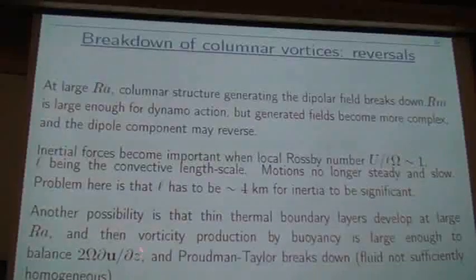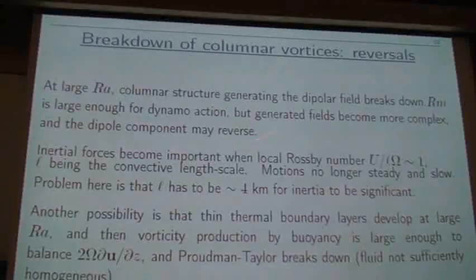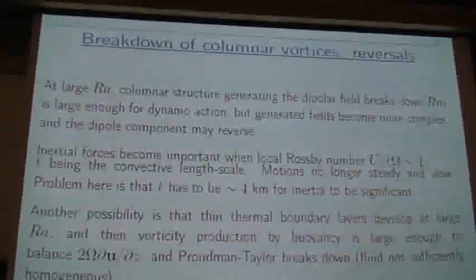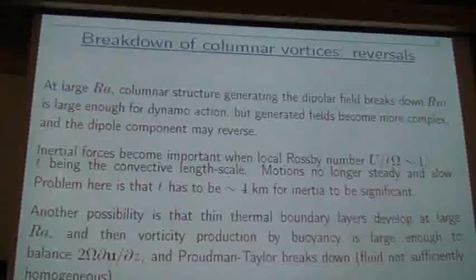This nice tidy picture of all the flows going up and down in a coherent fashion starts to break down. And then the dynamo becomes more of a small-scale dynamo than a large-scale dynamo. The idea basically here is that when it's in its small-scale phases, it digs away at the dipole field and reverses it. So that's one idea.